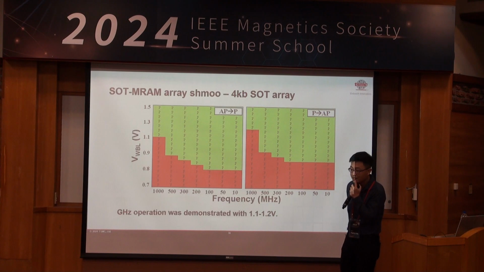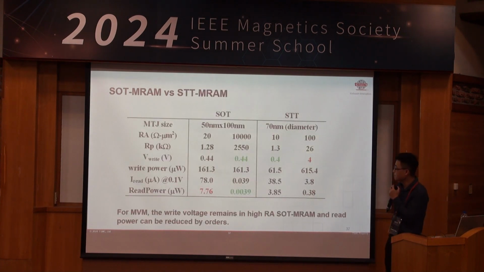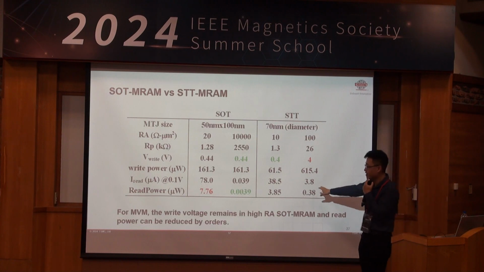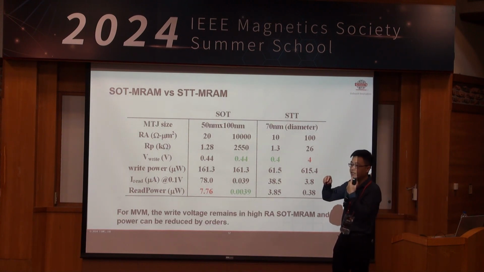Yes, please. In the previous slide, you showed the reading energy is reduced if you increase the resistance. But do you compromise on the reading speed? That's a good question. Actually, here I talk about the cumulative current.